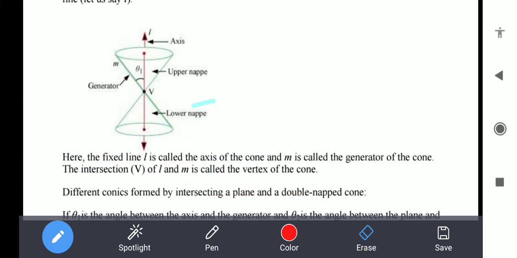Different conics are formed by intersecting a plane and a double napped cone. It depends on the angle between the plane and the axis of the cone and the angle between the generator and the axis of the cone. Here you can see the angle between the generator and the axis of the cone is theta 1.